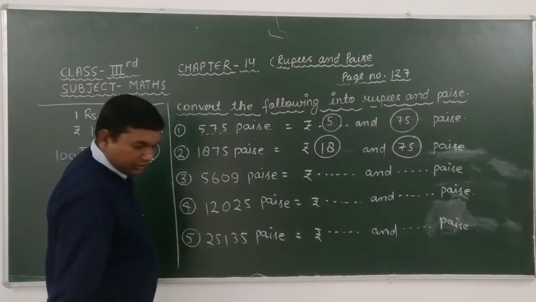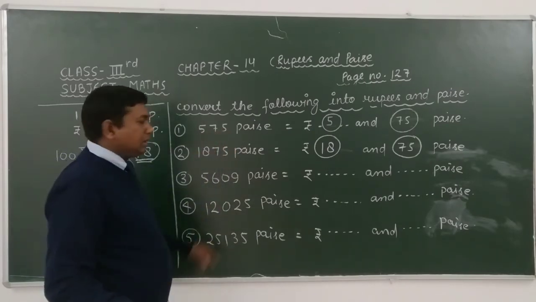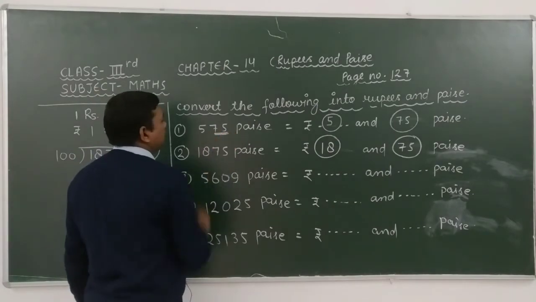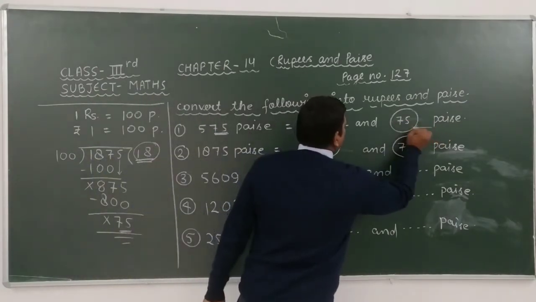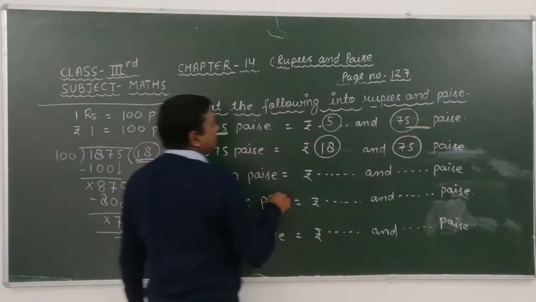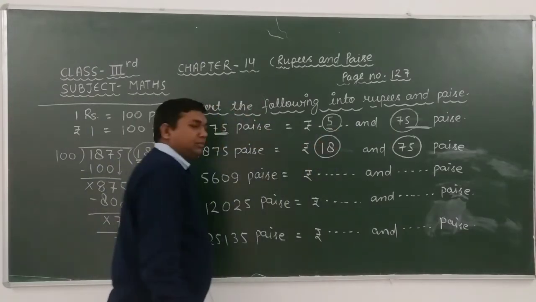Look at here carefully. Here a 3-digit number is given; the last 2 digits we can write in paise, and the rest 1 digit we can write in rupees.